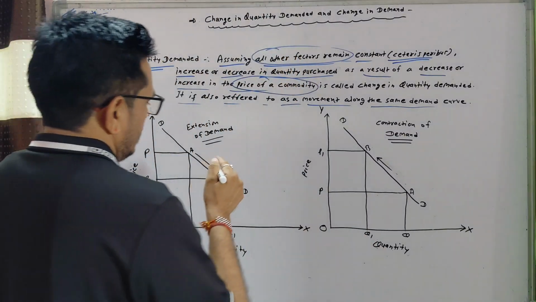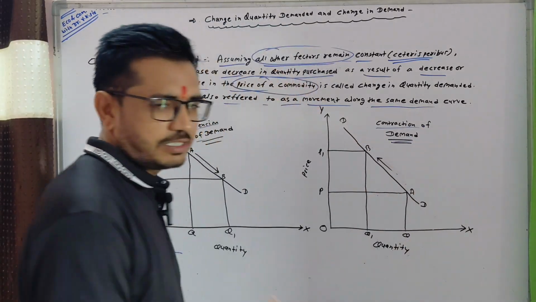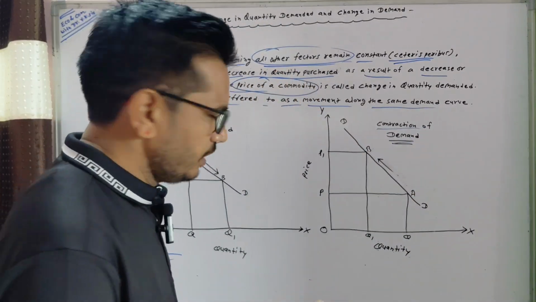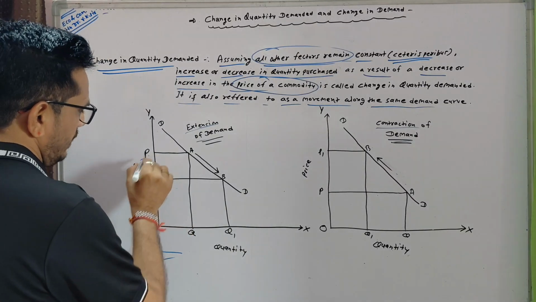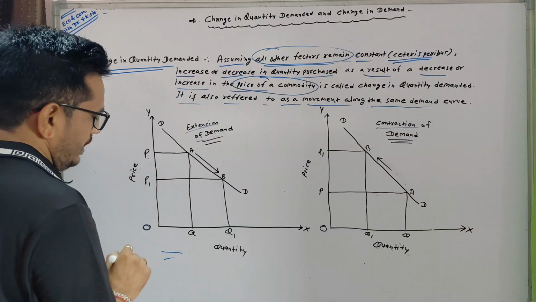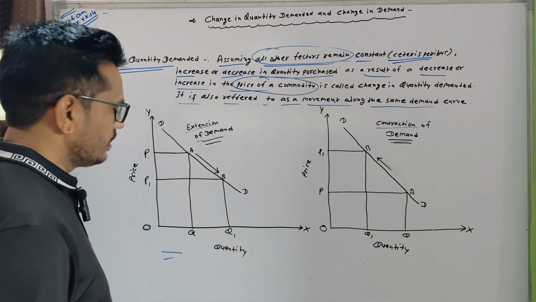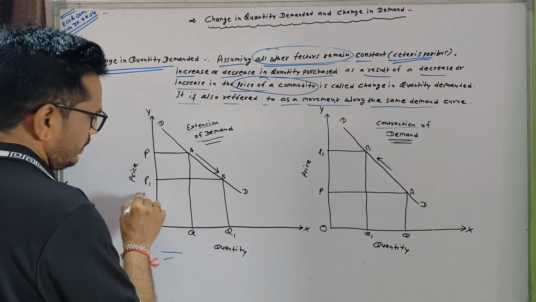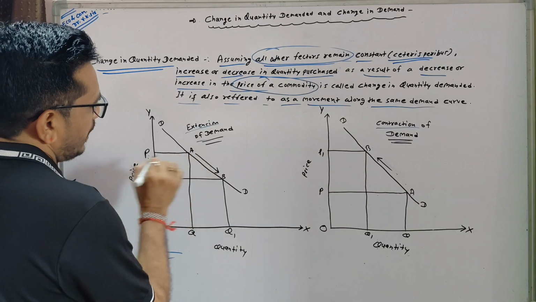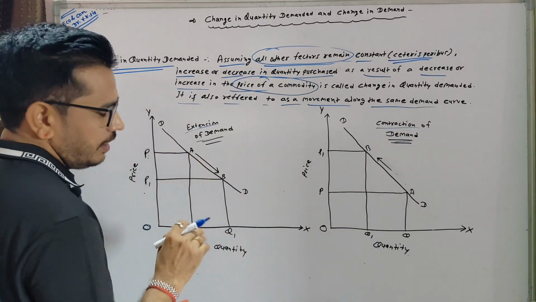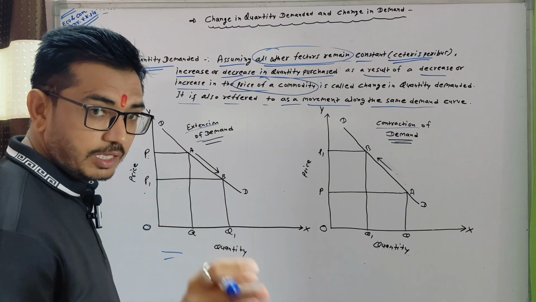We can say there is extension of demand and contraction of demand. What is extension of demand and what is contraction of demand? If the price of a commodity, first price is OP, decreases from OP to OP1, what happens? The demand curve is the same, but the point moves to another point.